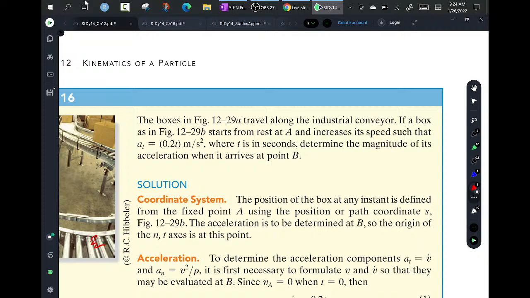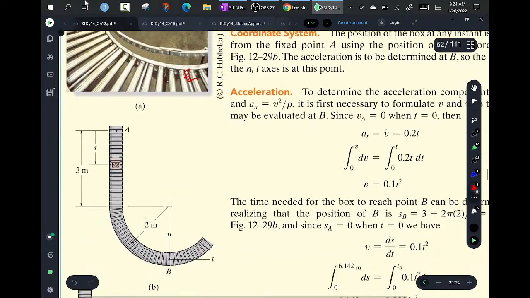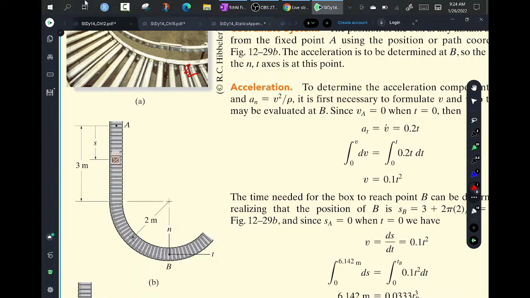And it shows it starts from rest and increases in speed such that the acceleration tangential to that is not a constant acceleration, where t is in seconds. Determine the magnitude of the acceleration when it arrives at point B. Where's point B? Oh, okay. So I have to assume that that's right there.